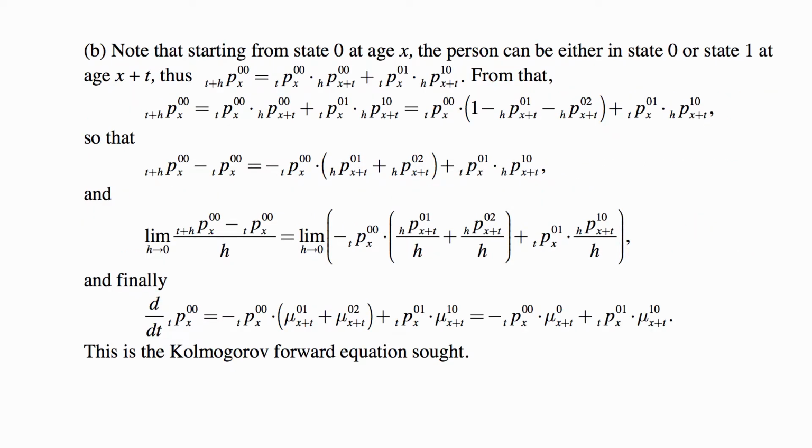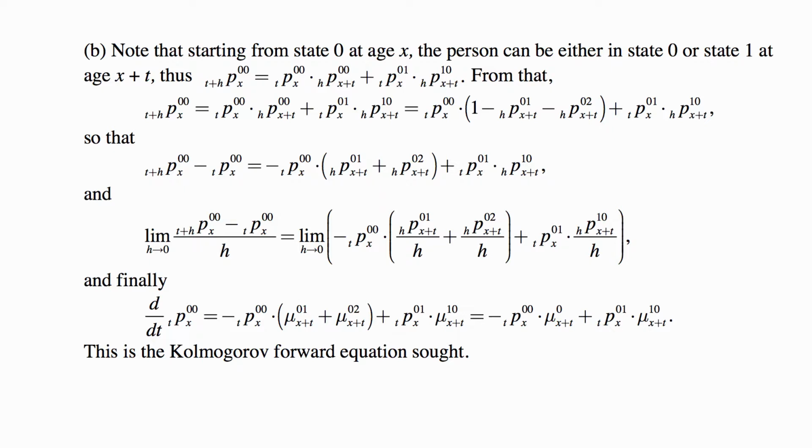So for part B now, let's note that starting from state 0 at age x, a person can be either in state 0 or in state 1 at age x plus t, and still end up in state 0 at the end. Because the person could also go to state 2, but that's it. The person will never return to state 0.